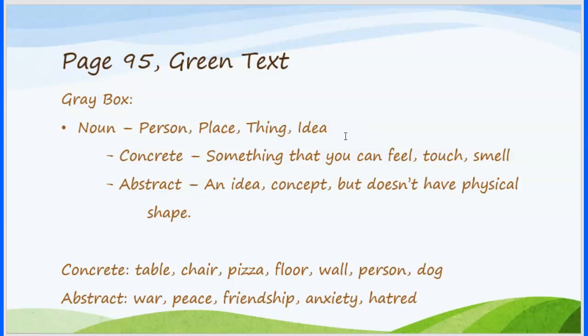Some examples of concrete are table, chair, pizza, floor, wall, person, dog. Other examples of abstract are war, peace, friendship, anxiety, hatred. All of our nouns will fall into one of these two categories.